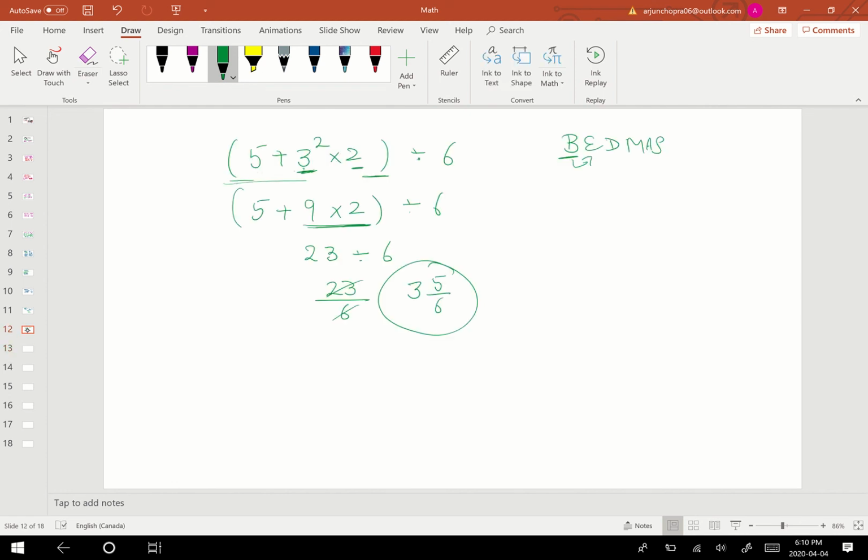Now I'm going to apply these BEDMAS rules to algebraic terms. So let's look into the algebraic terms. If we are given a term like x square plus 5x, and rather than putting a bracket, I'll take a very simple problem first.